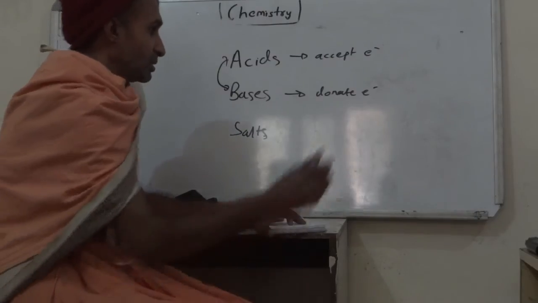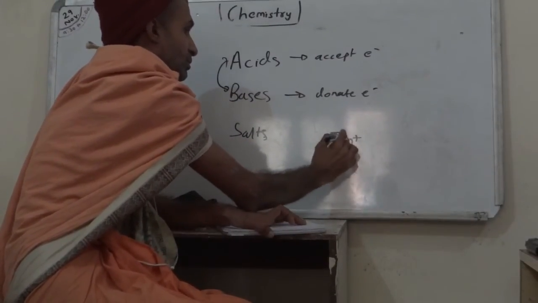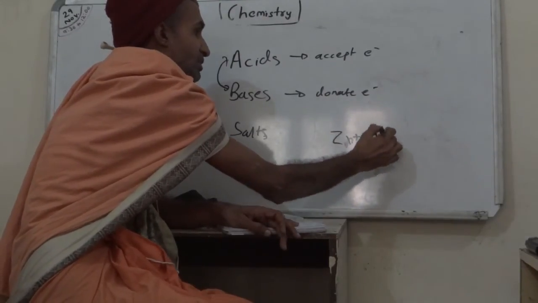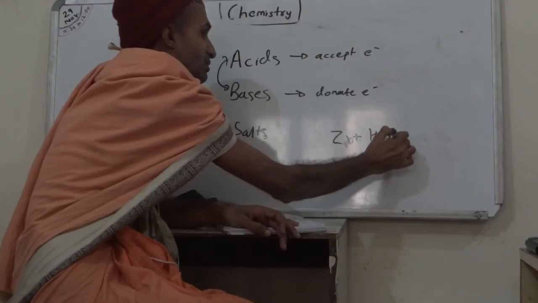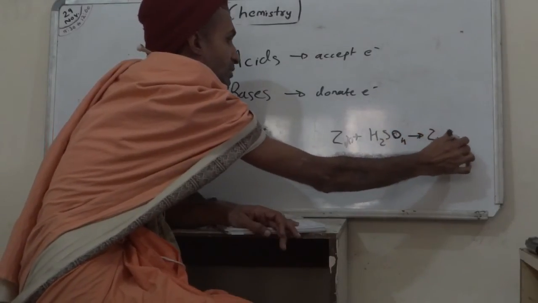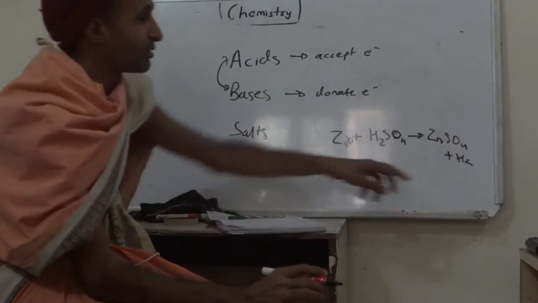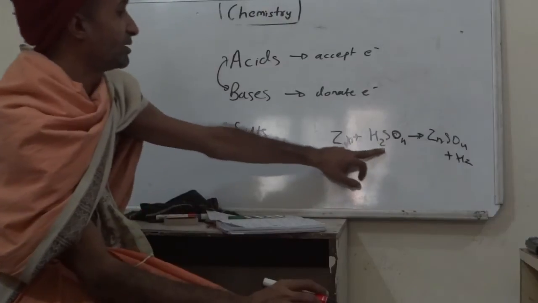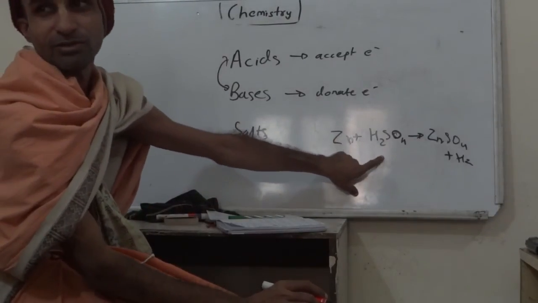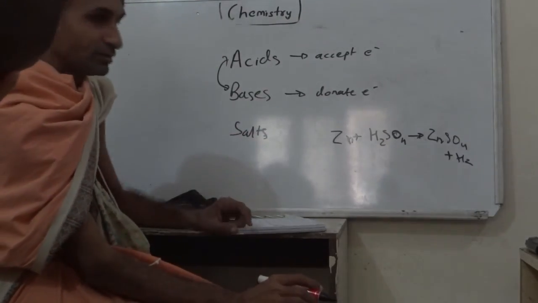For example, zinc reacts with H2SO4, which is sulfuric acid. It will give ZnSO4 plus H2. Hydrogen gas will be formed and this SO4 will connect to zinc instead of H2.